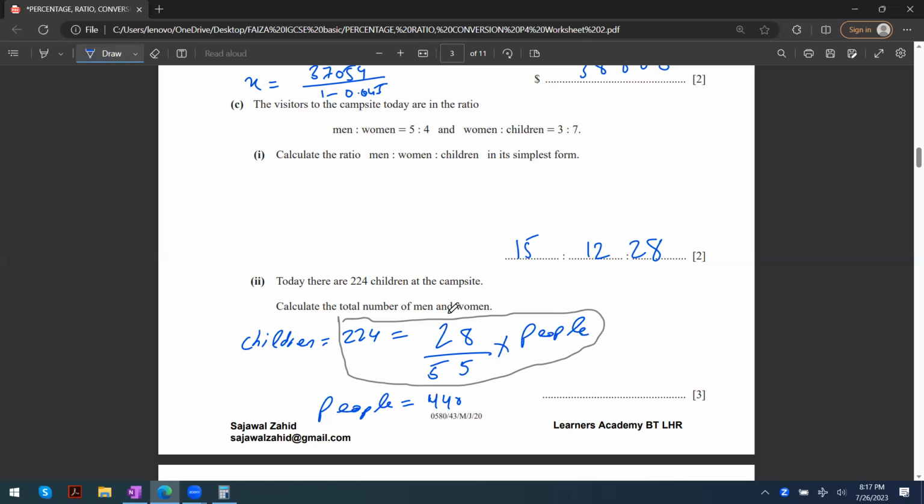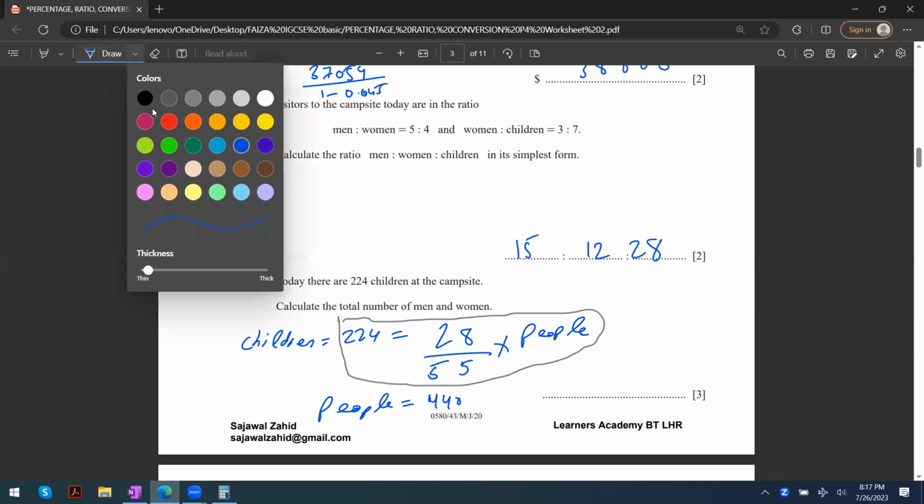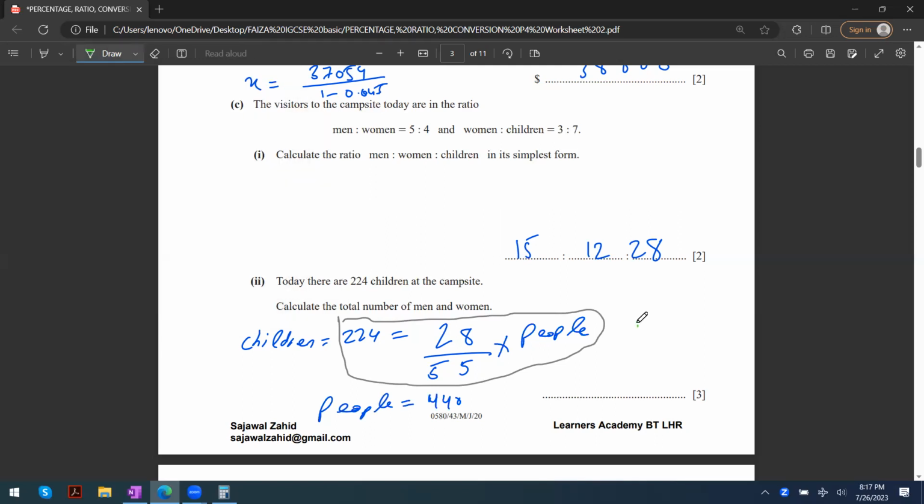So how many women and men will be there? Children are already given.